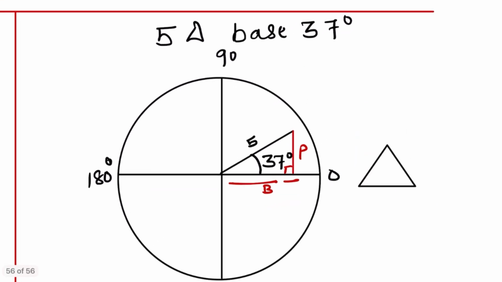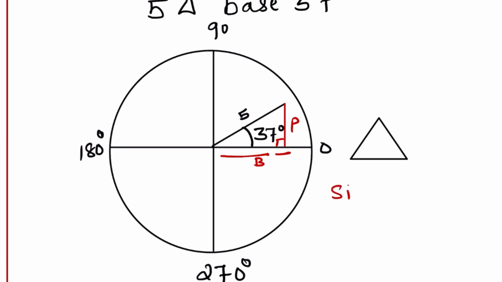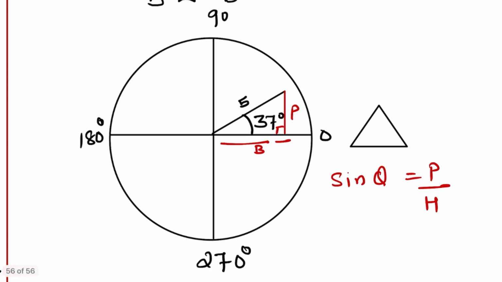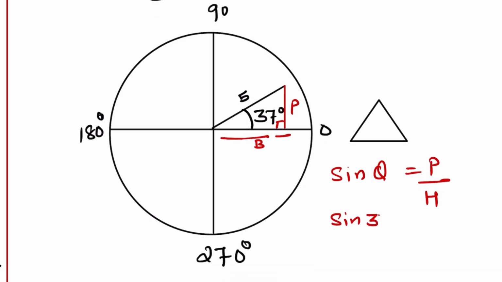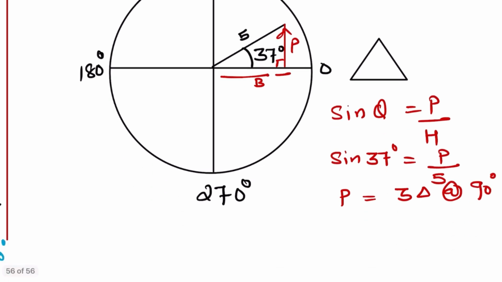So we're gonna again apply the sine formula, which says sine theta is equal to perpendicular by hypotenuse. Sine 37 degrees will be equal to P by 5. After calculating, it will come 3 prism diopter towards, as it is going towards the upside, so we're gonna write it as 90 degree. And the same way we're gonna find cos theta also, B by H, B by 5.